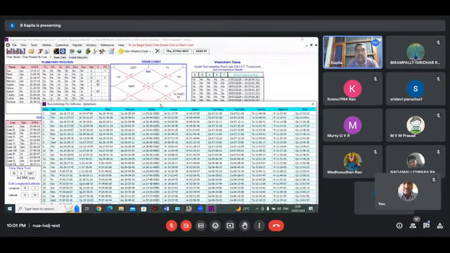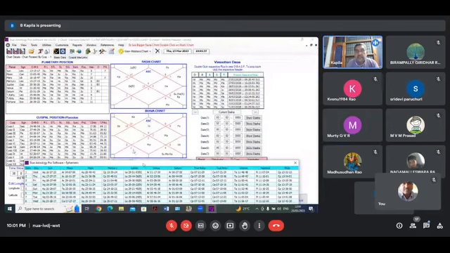Look here. Appearance of Saturn in 6th negates the 7th cusp, negates the spouse. Am I right? And appearance of Saturn in 12th cusp negates the ascendant, the native.